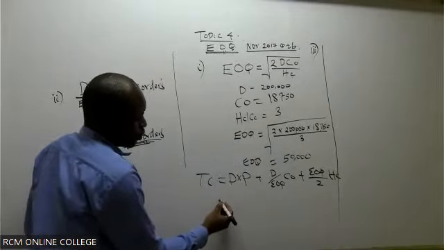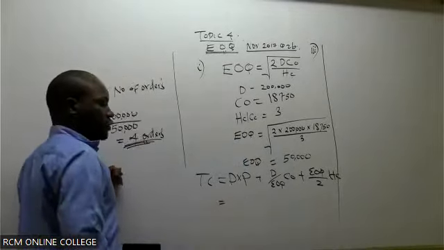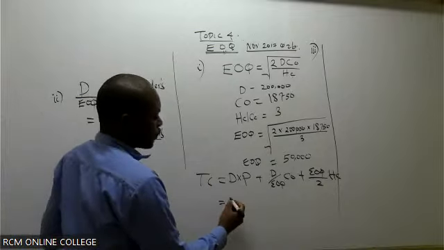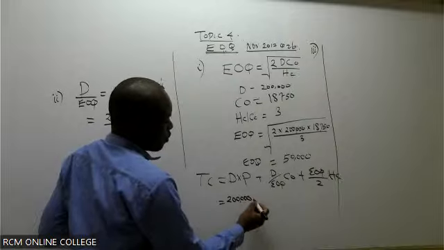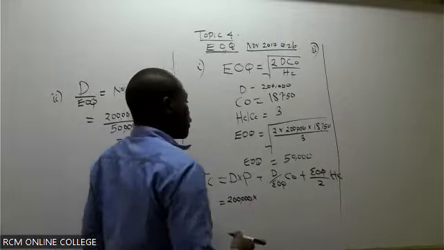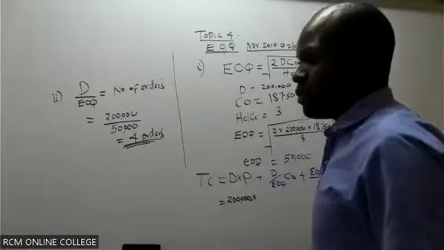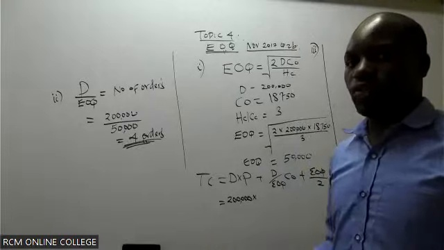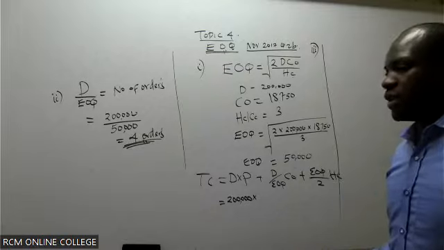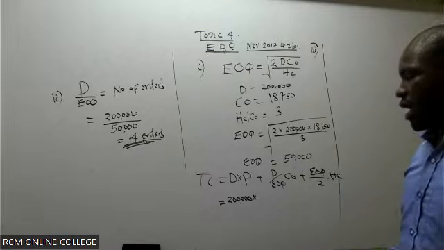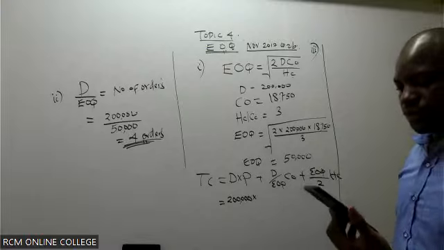So total cost will be equivalent to demand, which is 200,000, multiplied by purchase price. Within the question, do we have purchase price anywhere? Are we given purchase price?